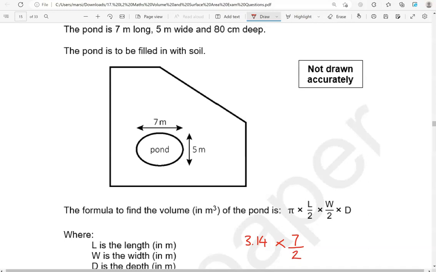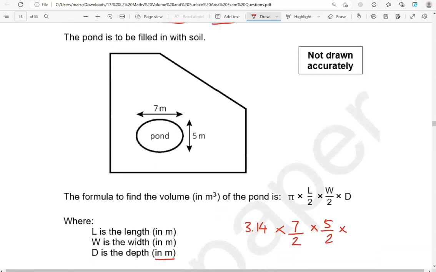So 7 divided by 2. And then width is 5 meters times depth, which is 80 centimeters, but we got to give it in meters.